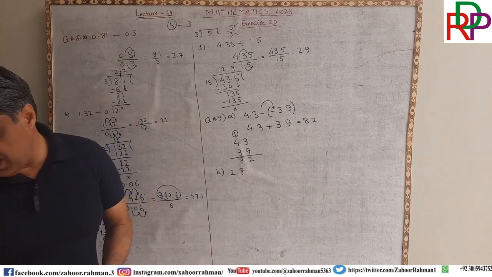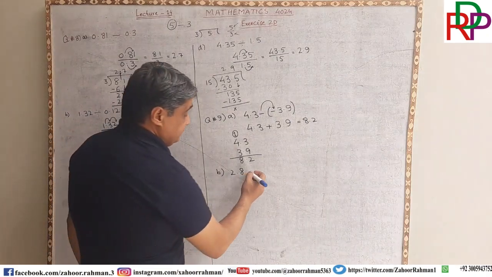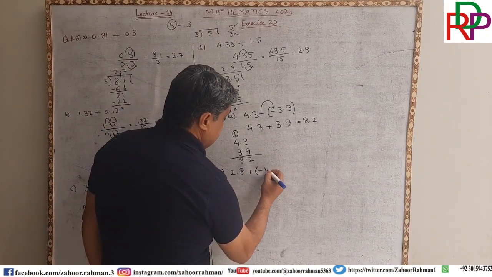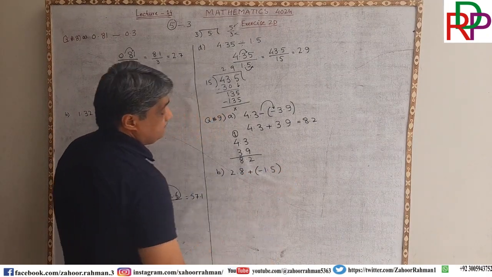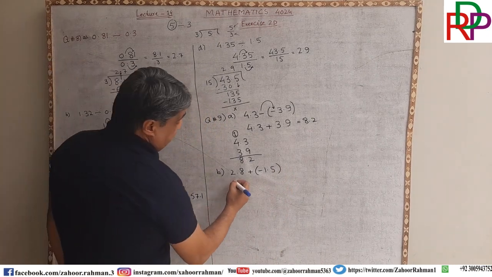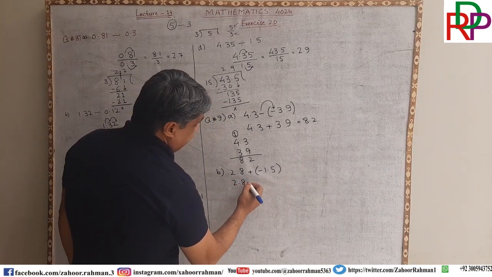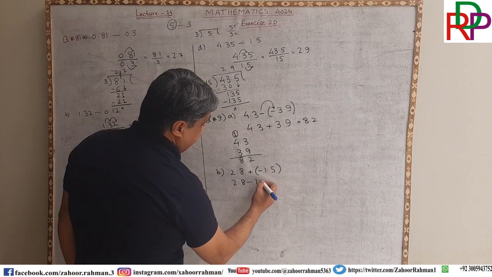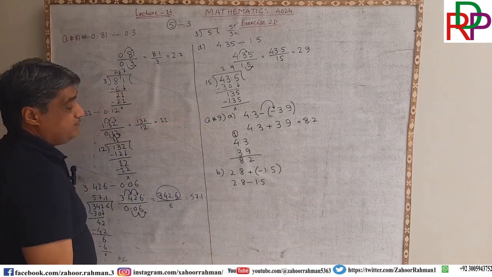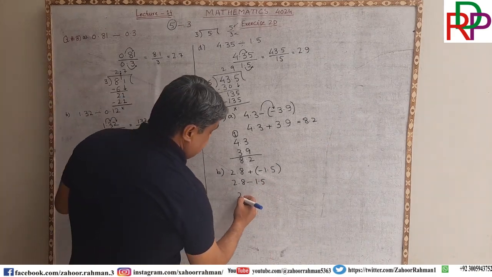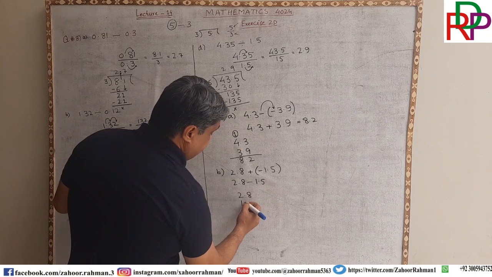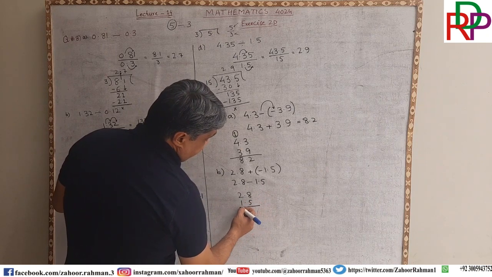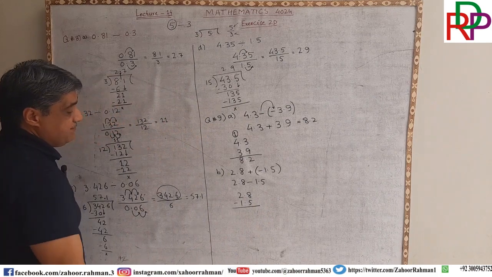2.8, and then we are having plus and minus 1.5. So I have to write 2.8 here and then minus 1.5. When I subtract 1.5 from 2.8, it is simple subtraction.